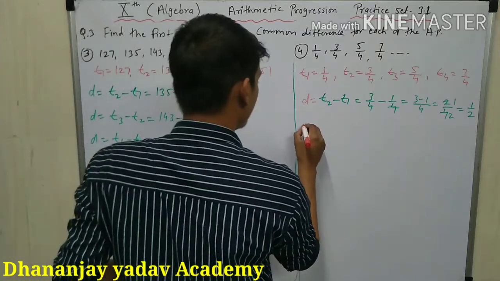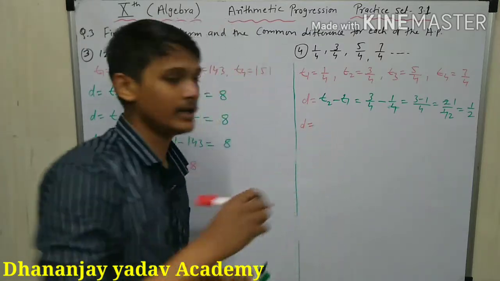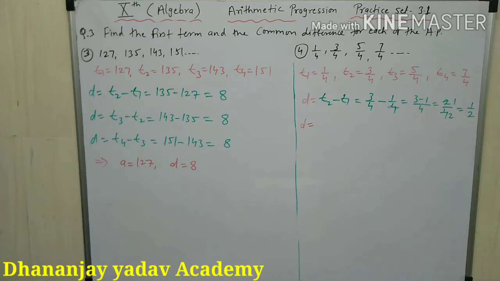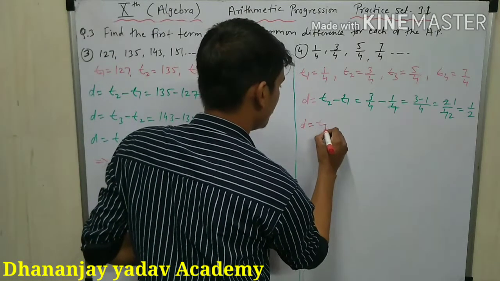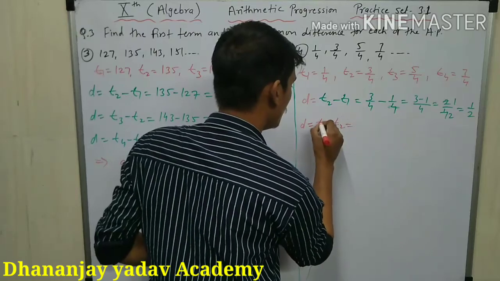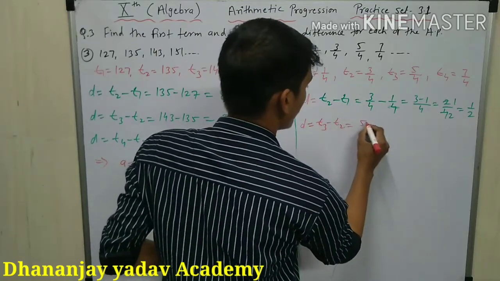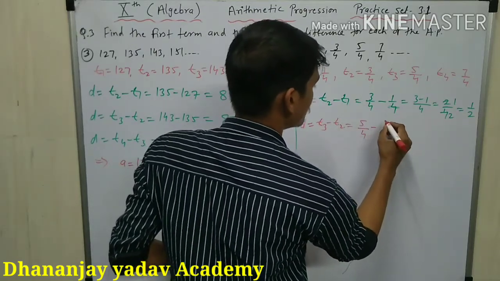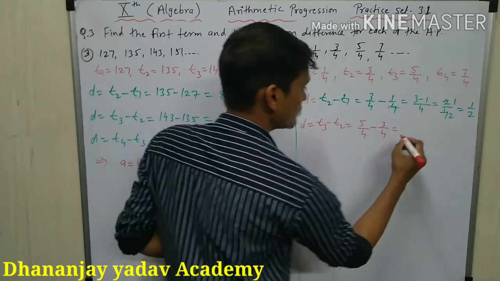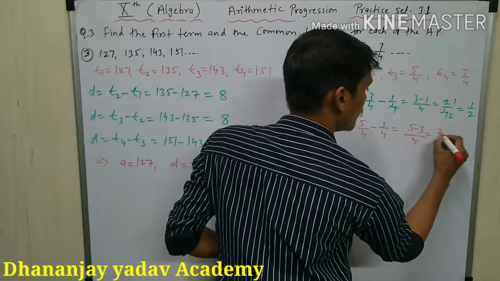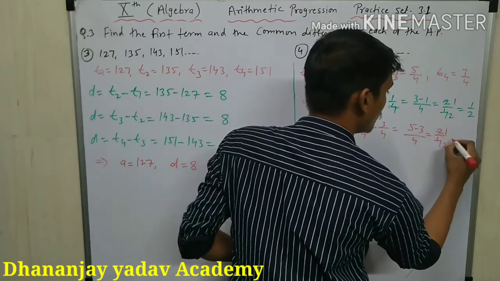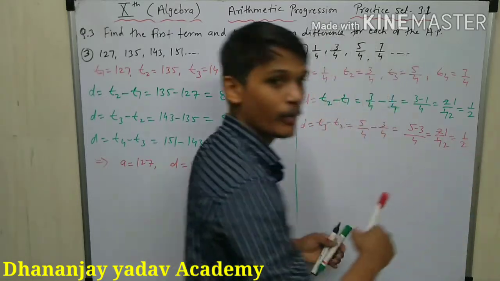Now second, D is equal to T3 minus T2, which is 5 upon 4 minus 3 upon 4, which is 2 upon 4, equal to 1 upon 2.